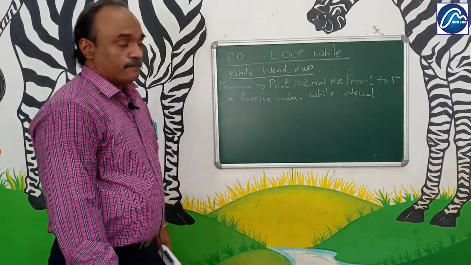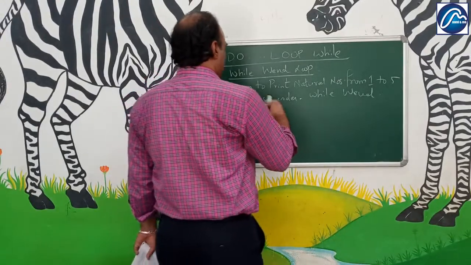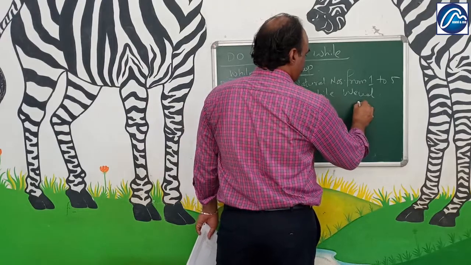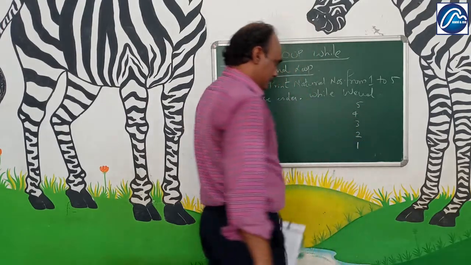Now, what are the natural numbers from 1 to 5? Reverse order will be 5, 4, 3, 2, 1. How to write that?